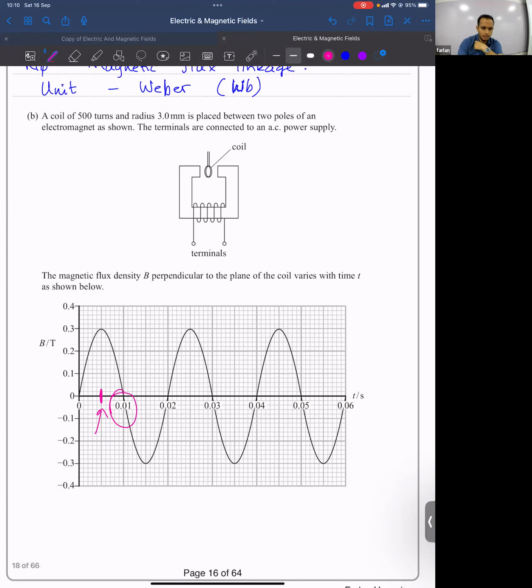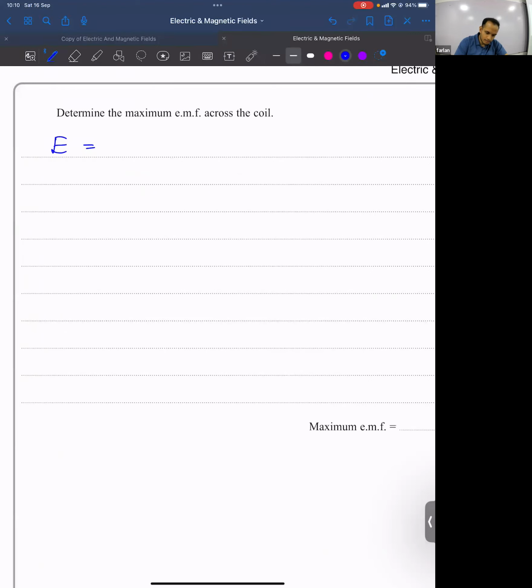Now listen to me. Now guys, EMF induced is d(N phi) over dt. d(N phi) by dt means rate of change of flux linkage.